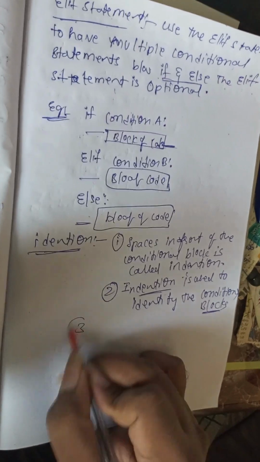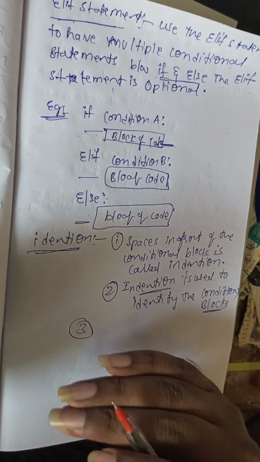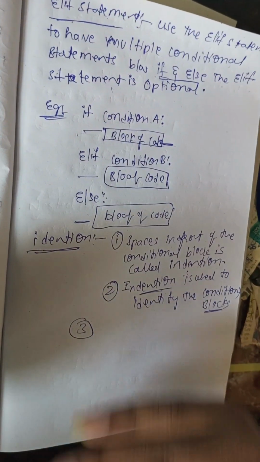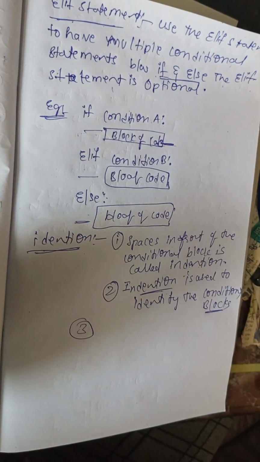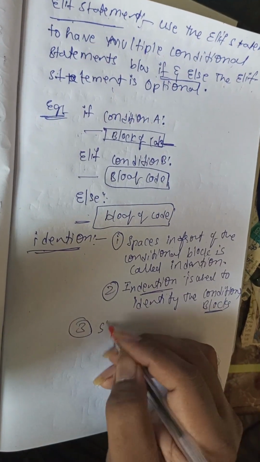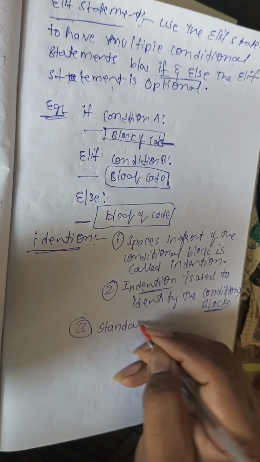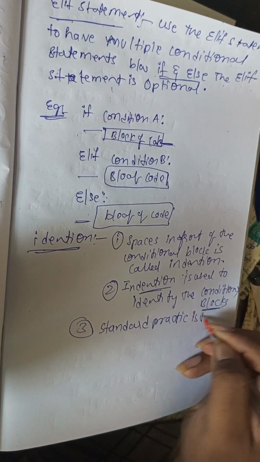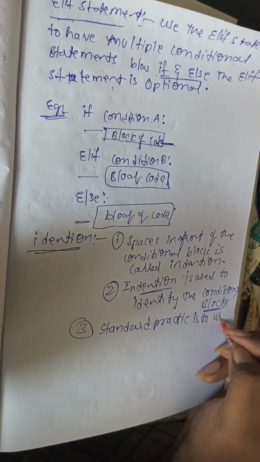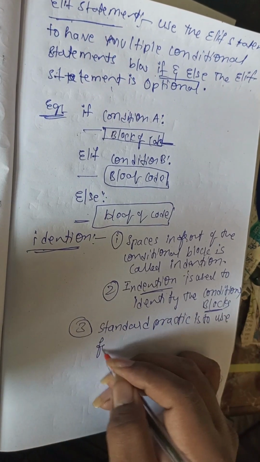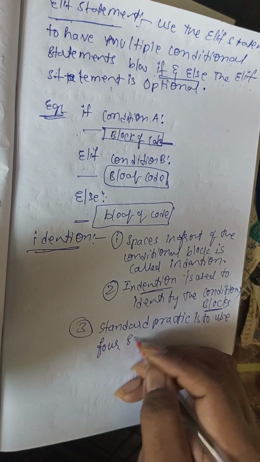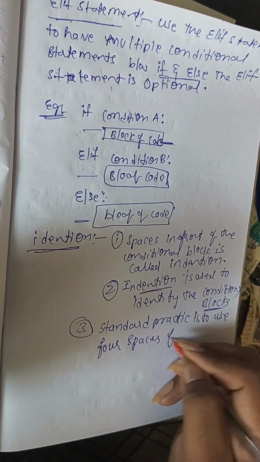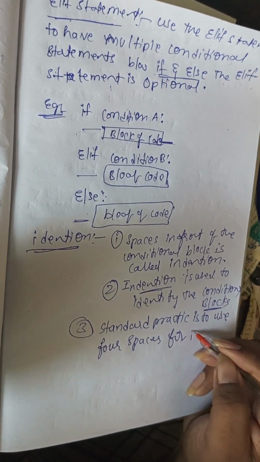Next, coming third one is standard practice is to use 4 spaces for indentations.